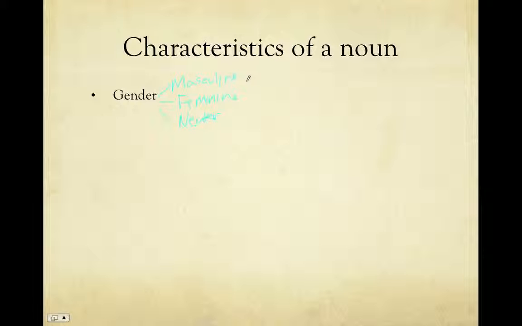That is, a noun which is masculine in the dictionary will be masculine in your sentence. A few may be either masculine or feminine. So citizen could be masculine or feminine. But by and large, they don't change. It's determined by the dictionary. The dictionary is what you need to use to determine the gender of a noun.